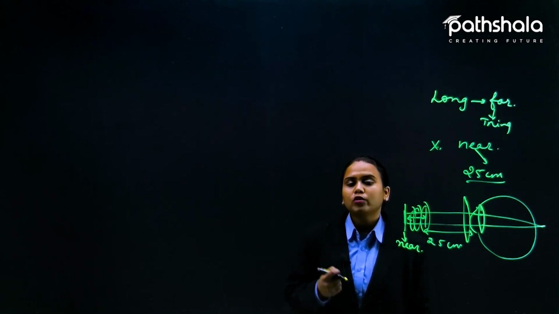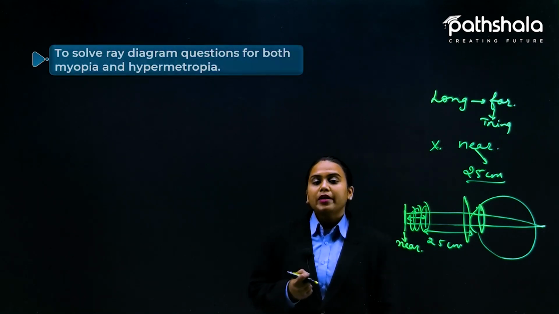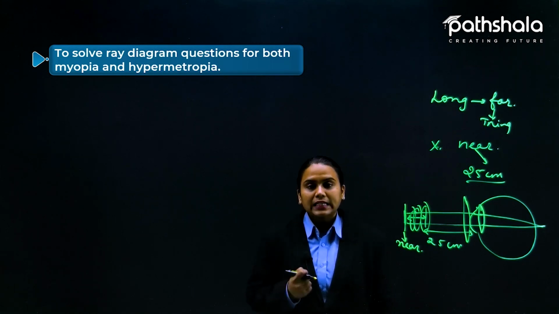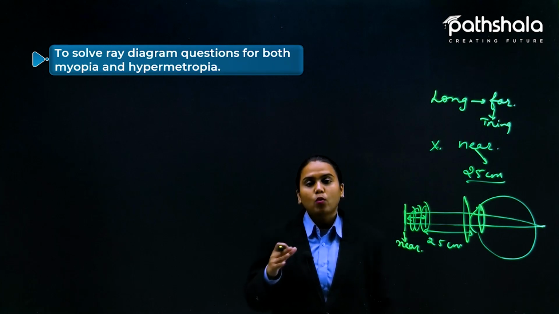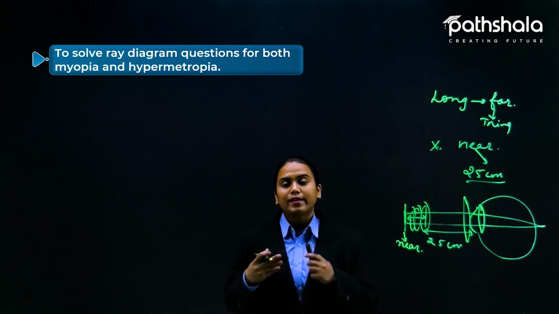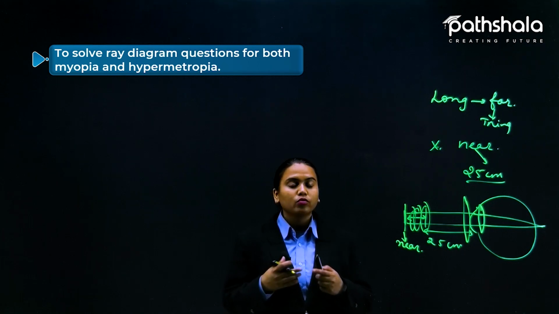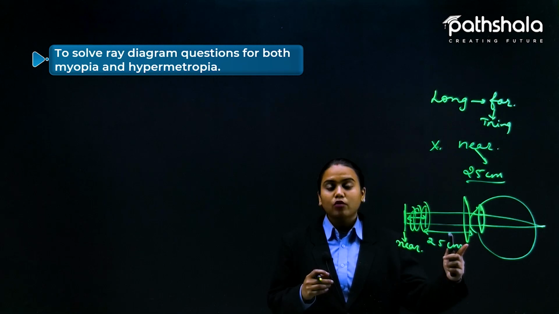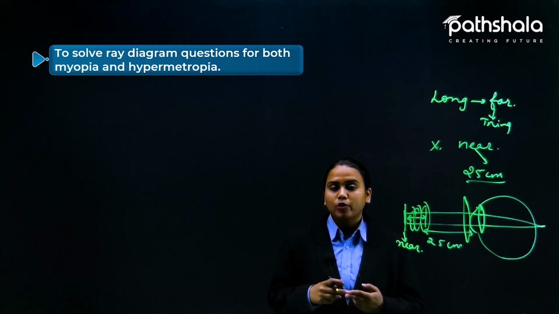Students, before moving towards presbyopia, there are certain things that you need to discuss to solve the ray diagram questions for both hypermetropia and myopia; you are going to get questions on that also. For that, you know that the lens formula is there and we are using lenses for correction of the myopic and hypermetropic eye.